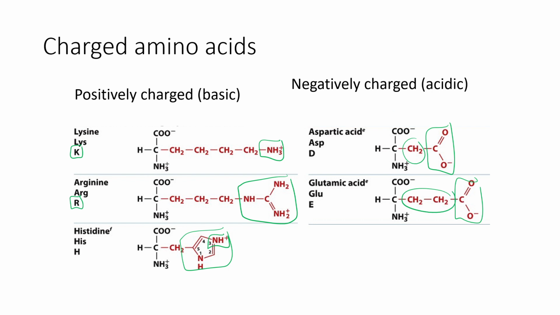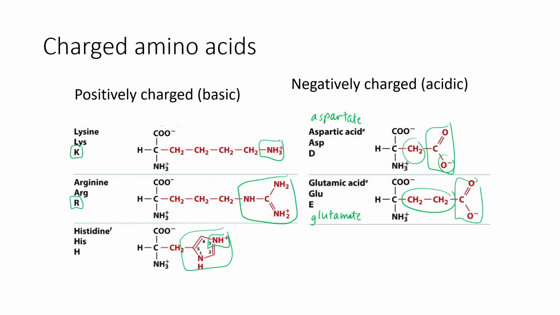We'll often refer to them by the name for the charged carboxylate group. So instead of calling it aspartic acid, sometimes you'll see this amino acid called aspartate, especially when this oxygen is negatively charged and has lost its proton. Similarly, glutamic acid you'll sometimes see referred to as glutamate.